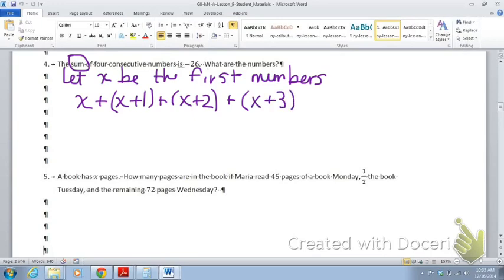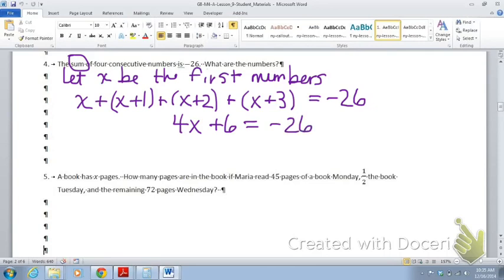So there's the sum of 4 consecutive numbers, and I'm told that that is -26. Now I want to rearrange this. x plus x plus x plus x is 4x. And then 1 plus 2 plus 3 is 6. 4x plus 6 is equal to -26.